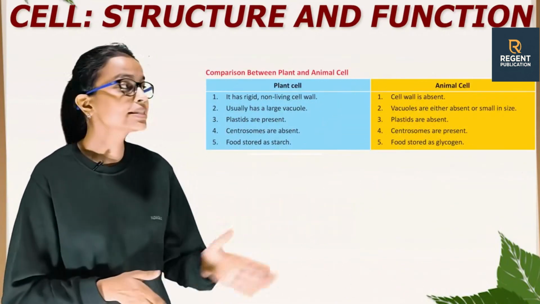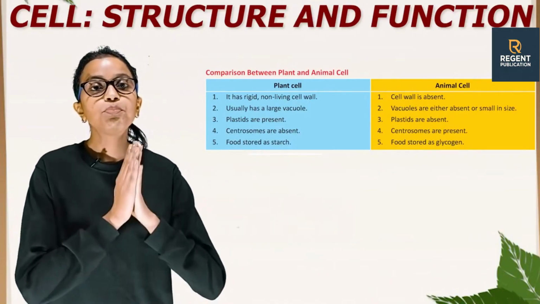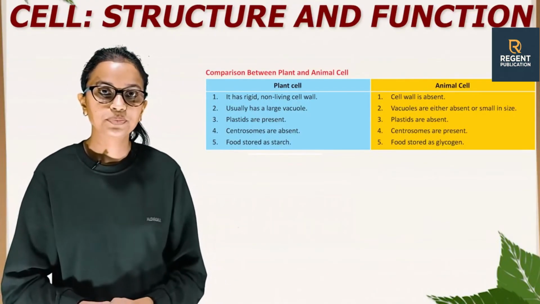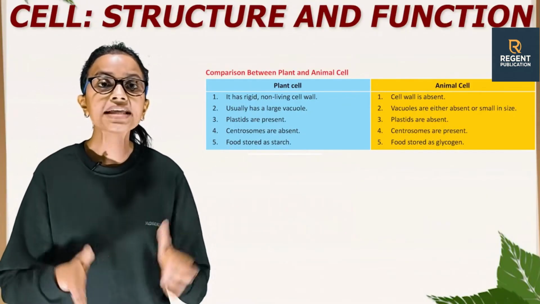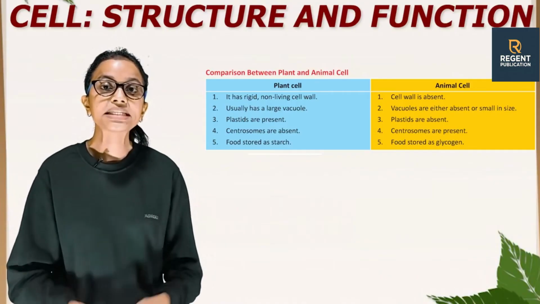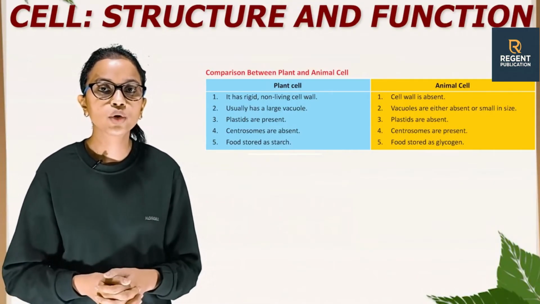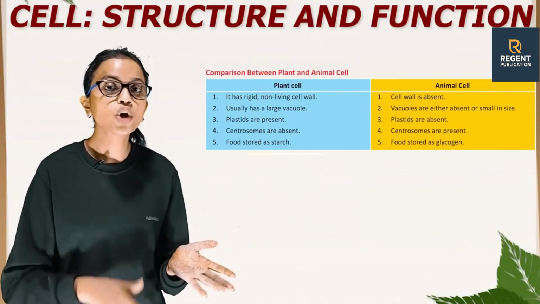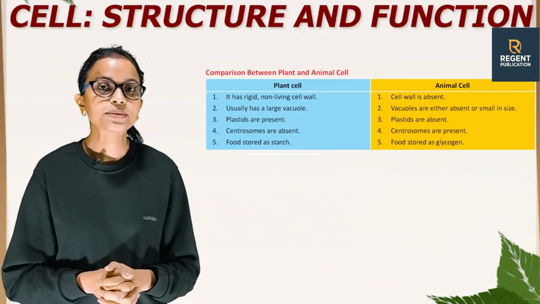So now this table is depicting the comparison between plant and animal cell. So plant cell, animal cell. First, it has rigid, non-living cell wall. Cell wall is absent. Second, usually has a large vacuole. Vacuoles are either absent or small in size. Third, plastids are present.